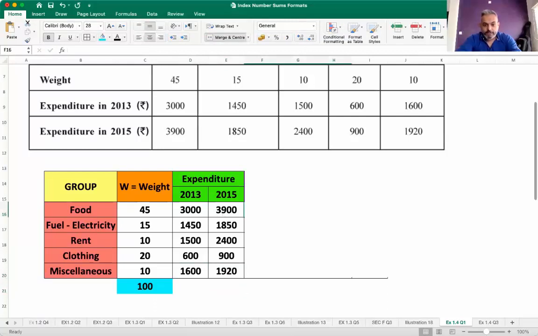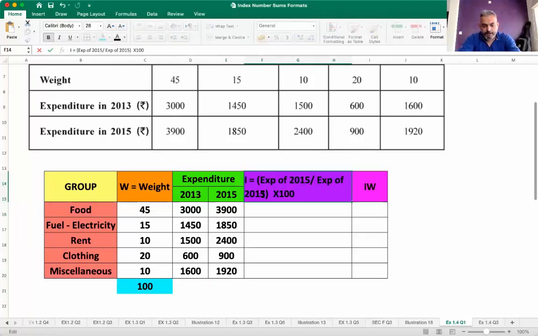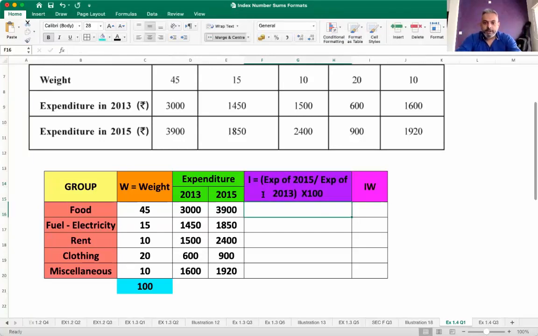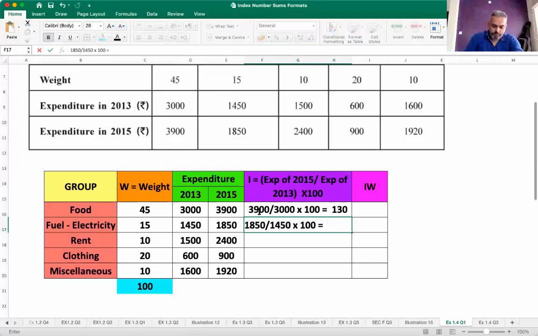Index number is expenditure of 2015 upon expenditure of 2013 into 100. So expense of 2015 is 3,900 divided by 3,000 into 100, which is equal to 130. 1850 divided by 1450 into 100 is 127.59.